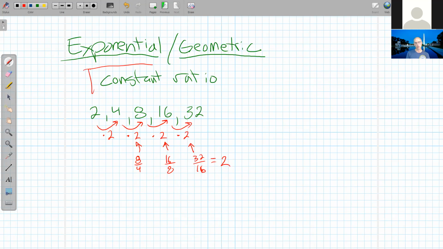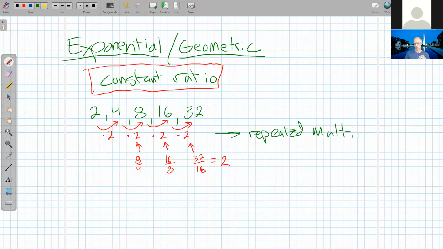That's the constant ratio I'm talking about. So that's important. That's one characteristic of an exponential or geometric sequence. The other is that repeated multiplication is the same thing as having exponents.